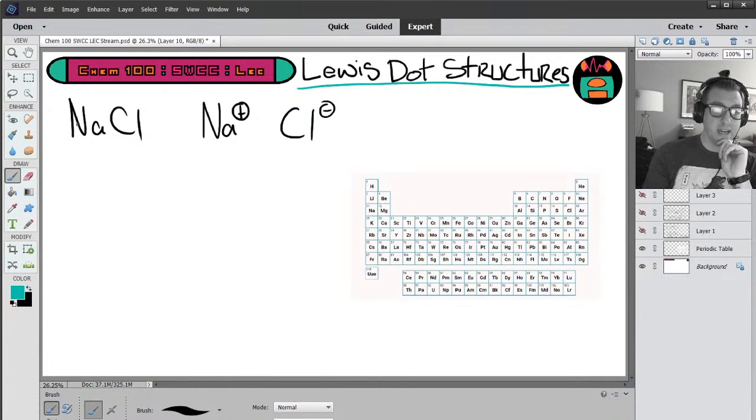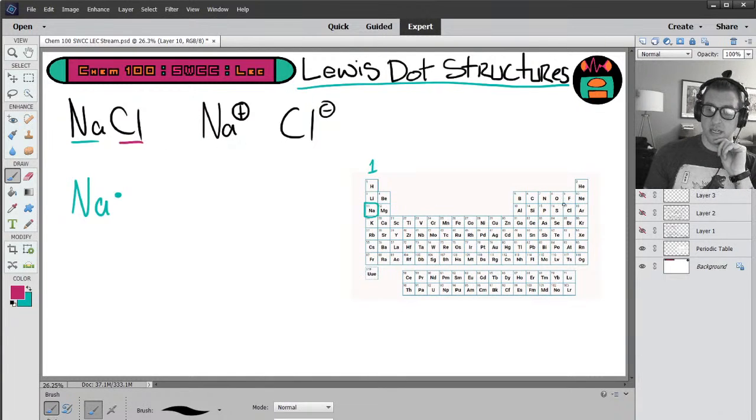So Lewis structures will show us how this actually forms. If you look at sodium, sodium is in the first column on the periodic table, which means that sodium, the element, has one unpaired electron. All right, let's take a look at chlorine.